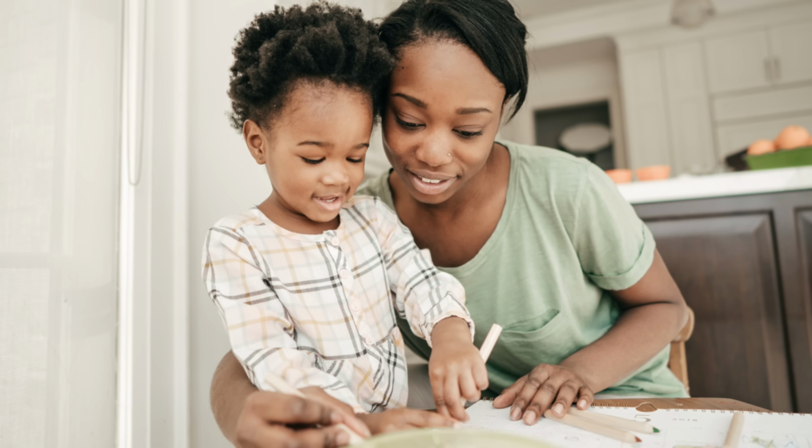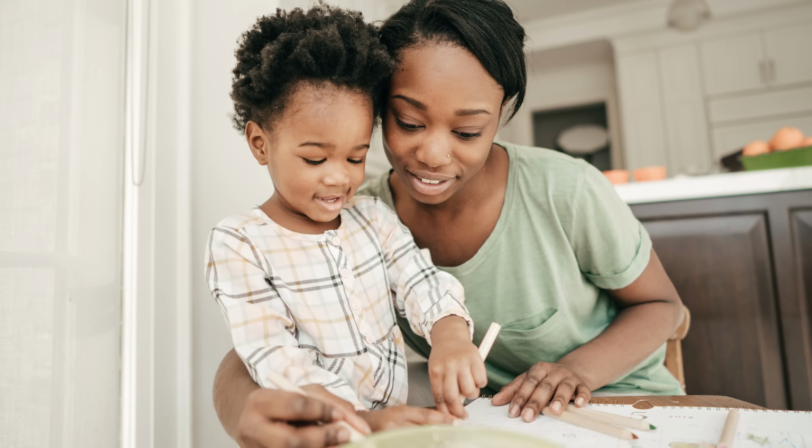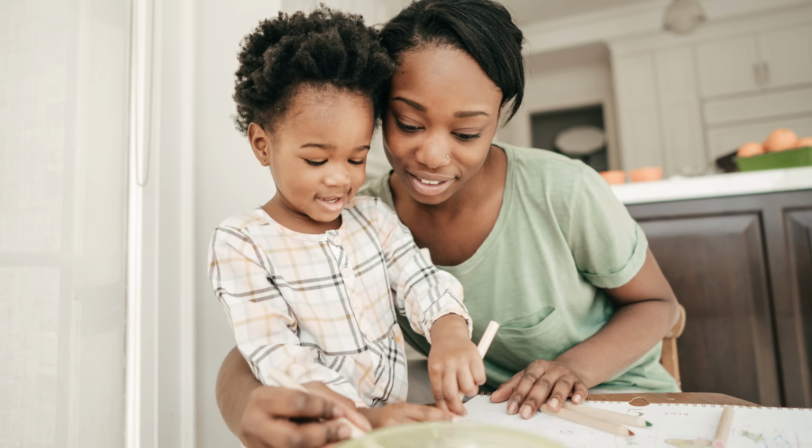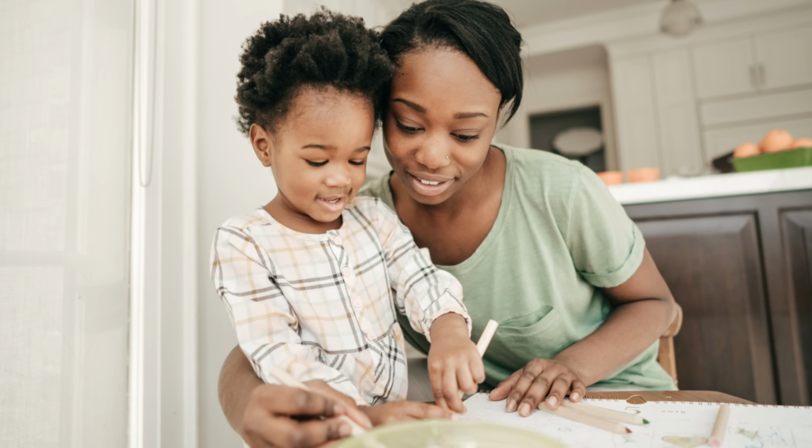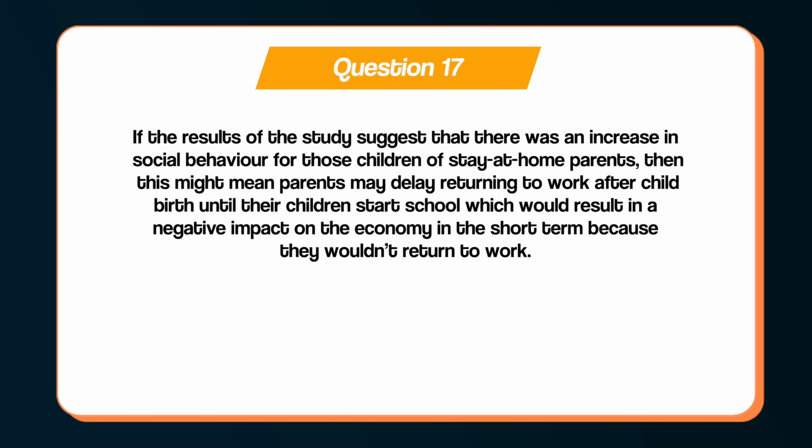In this case, the study is about preschool and stay-at-home parents. So there are a few ways of writing about this. Here are 2. If the results of the study suggest that there was an increase in social behaviour for those children of stay-at-home parents, then this might mean parents may delay returning to work after childbirth until their children start school, which would result in a negative impact on the economy in the short term because they wouldn't return to work.